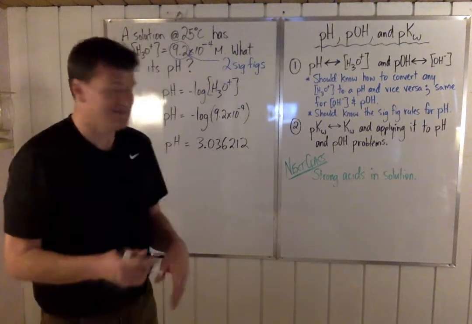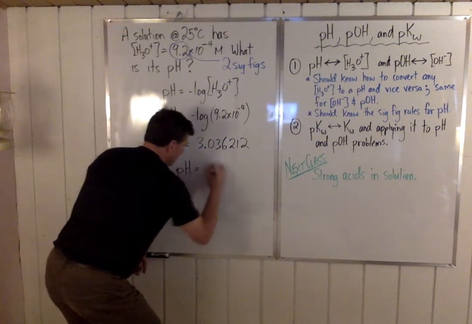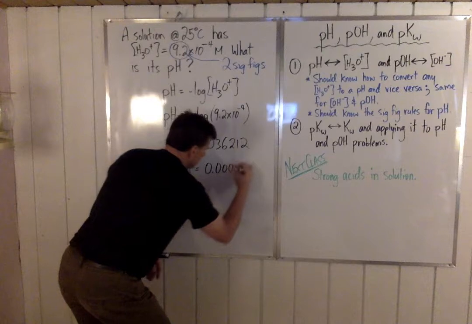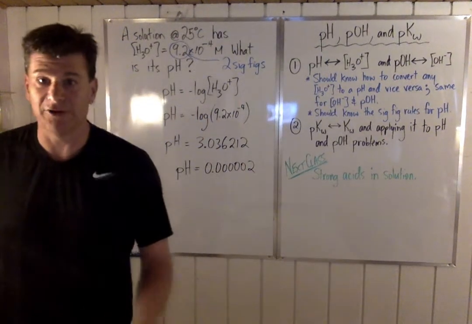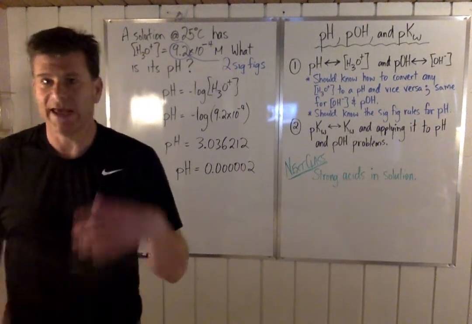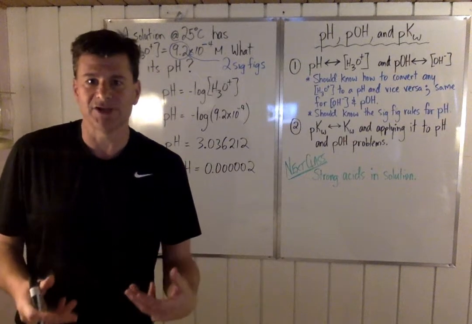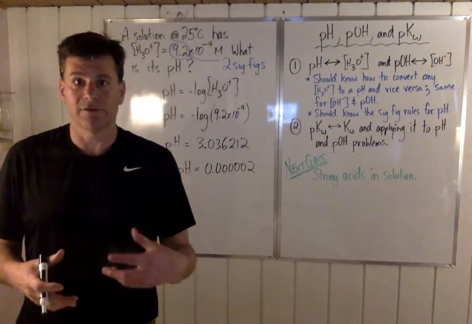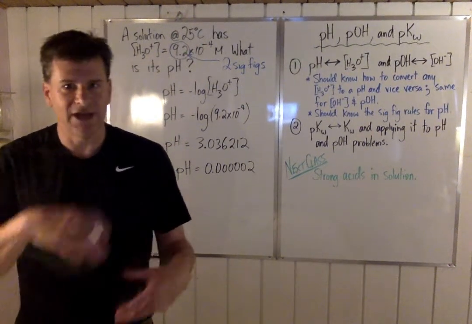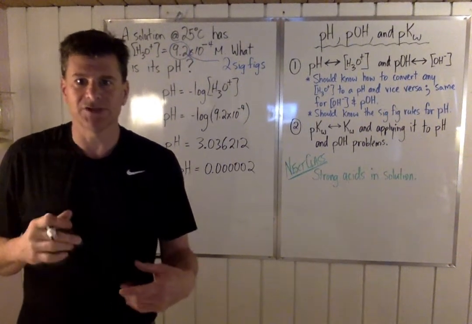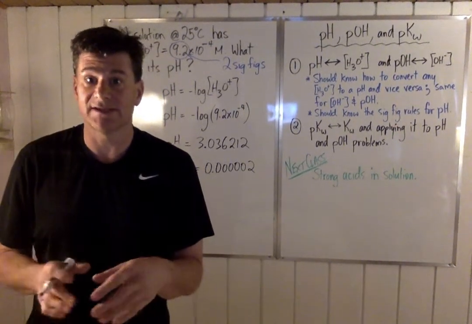No matter what those digits are, they always count. Okay, I'll give you a little example just to show you. If I had a pH equal to 0.000002, if I had that written down on a piece of paper, you might say, in your old sig fig brain, well, all the leading zeros before you get to that 2, they're just filling place value. They're not actually significant. Well, you have to get that out of your head when you're talking about pHs. When you're talking about pHs, everything after the decimal, no matter what it is, counts as a significant figure.